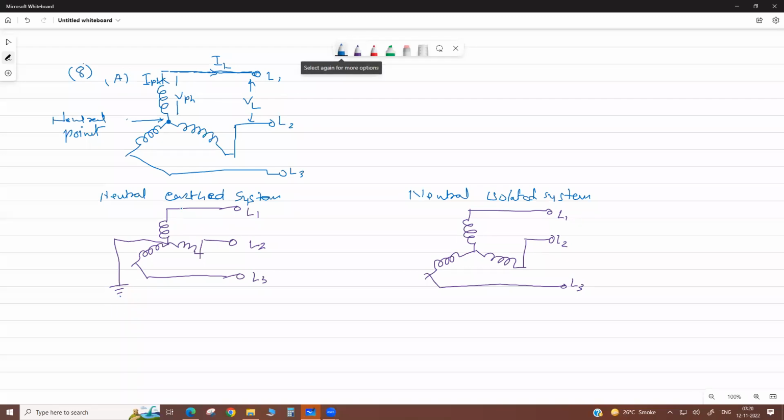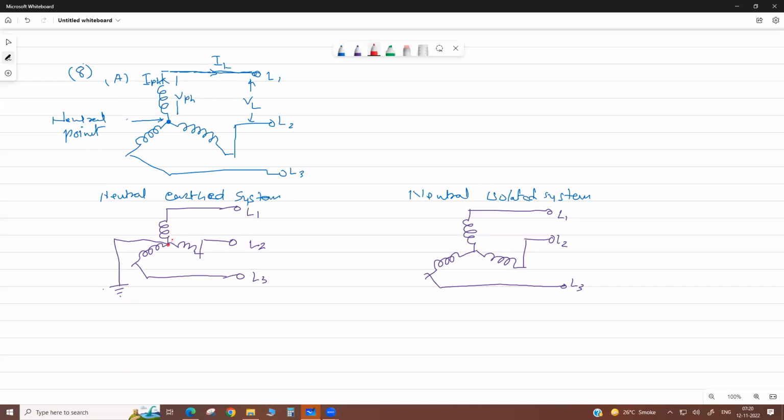First, in an earth distribution system, there is zero potential at ground level. If this is connected to the ground, this neutral point has zero potential.